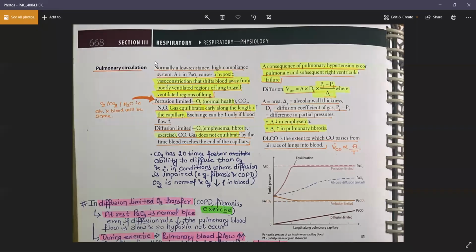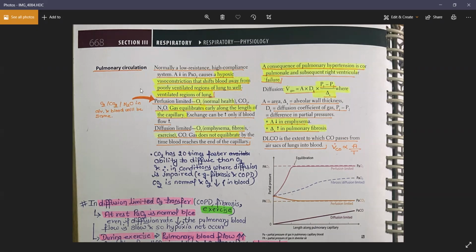From alveoli to blood, not from RBCs to tissues. We are talking about the lungs here. Both ways will be there.